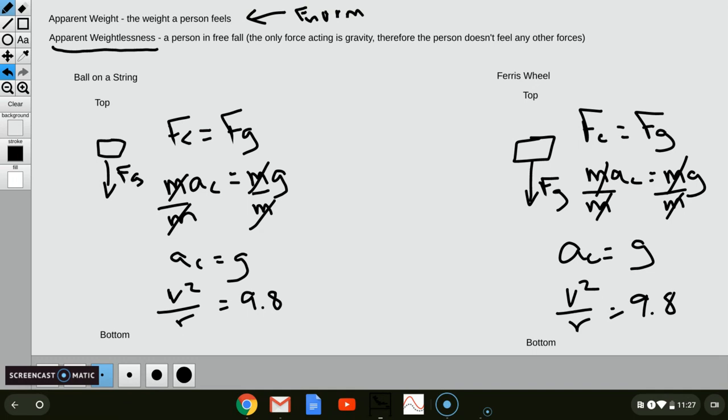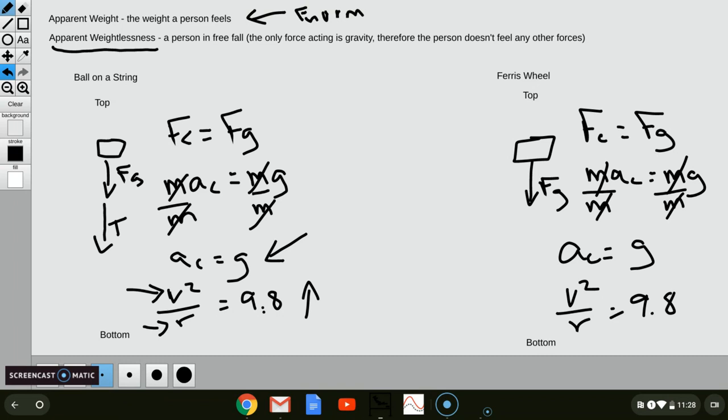Well, what ends up happening is that this relationship is no longer true. If velocity increases and we keep the radius the same, the only thing that is possible here is that this number on the right side of the equation has to go up. If that's the case, then the centripetal force is greater than gravity, and so then that tension comes back and we end up with a tension.